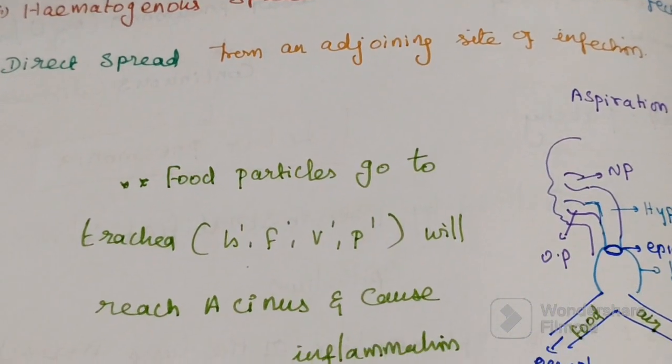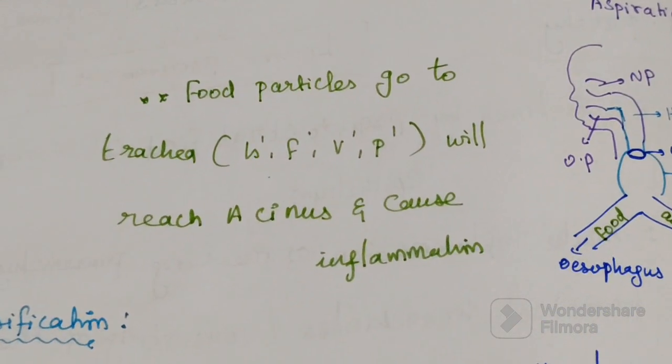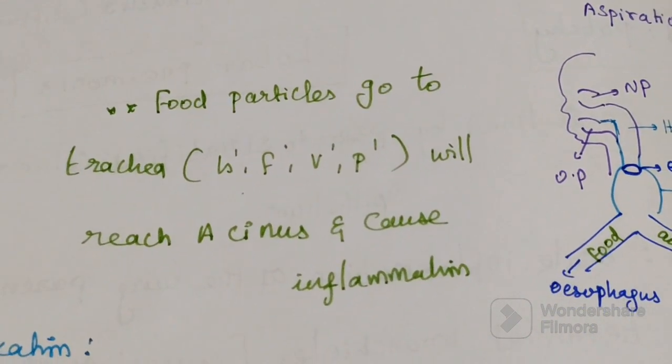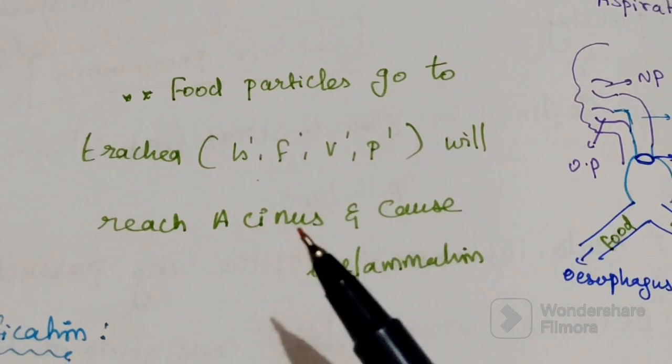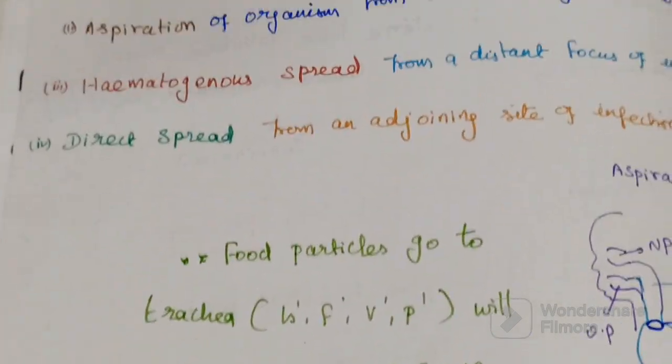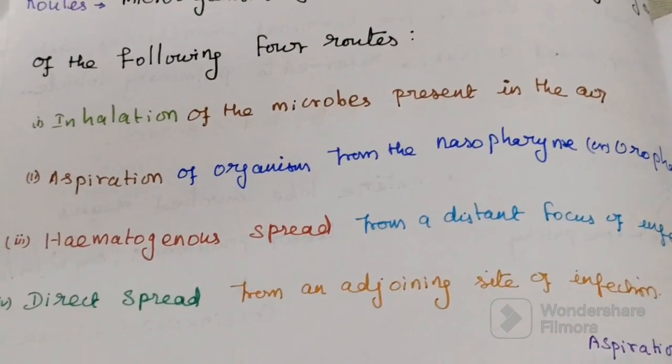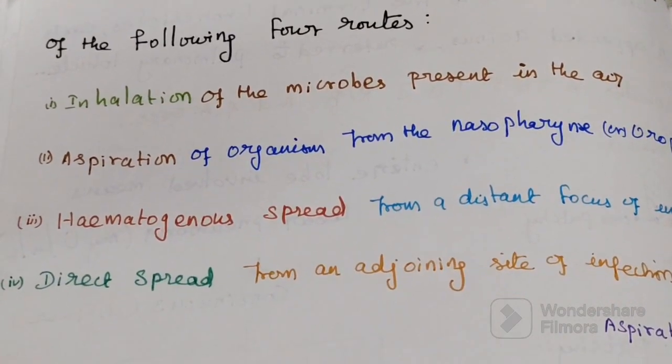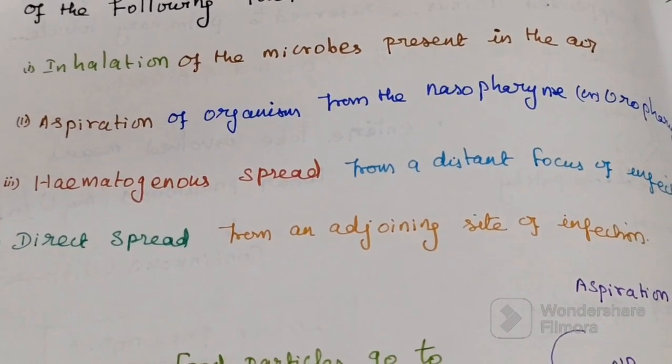Food particles go to the trachea, with a chance for bacteria, fungus, virus, protozoa to reach the alveoli and cause inflammation. So these are the four routes: inhalation, aspiration, hematogenous and direct spread.